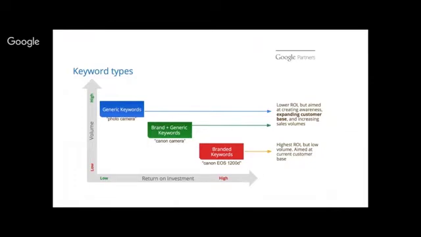They're people who have already heard of your brand, so they're more likely to be purchasing from you. They click through more frequently, so there's a higher click-through rate, and they cost a lot less. So we've also got generic keywords and brand generic keywords that are lower in ROI and aimed at creating awareness and expanding out. We're going to be focusing mainly on branded keywords today.